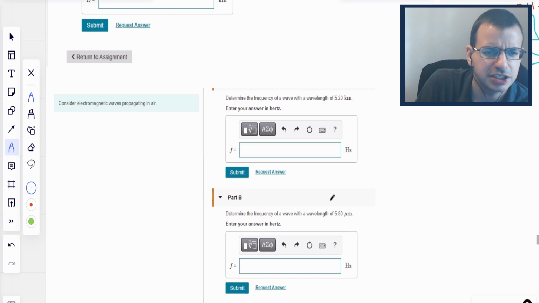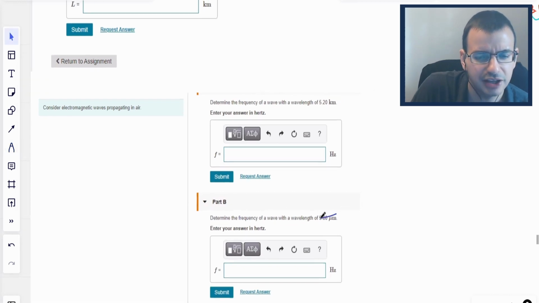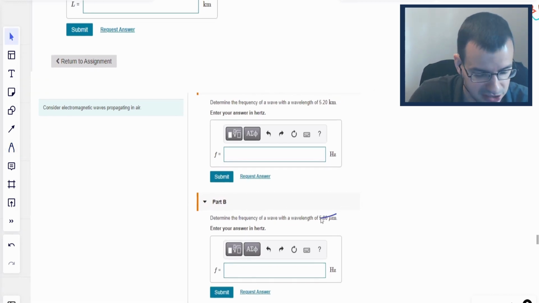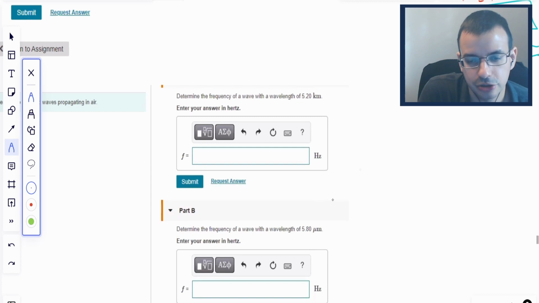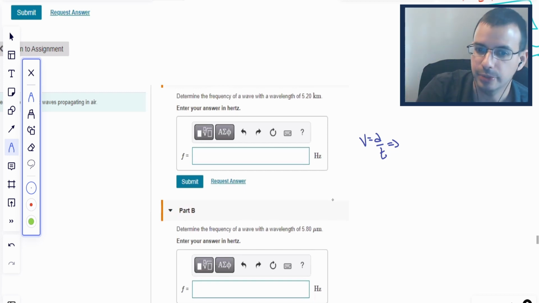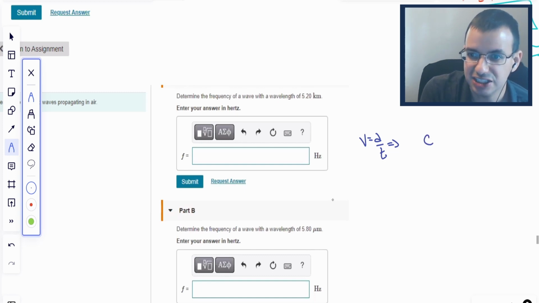All right, determine the frequency of a wave with a wavelength of this. This is a very similar concept, except now the formula we're going to use, I start with velocity equals distance divided by time, and I use dimensional analysis to find this formula. V for an electromagnetic wave is going to be C, the speed of light.